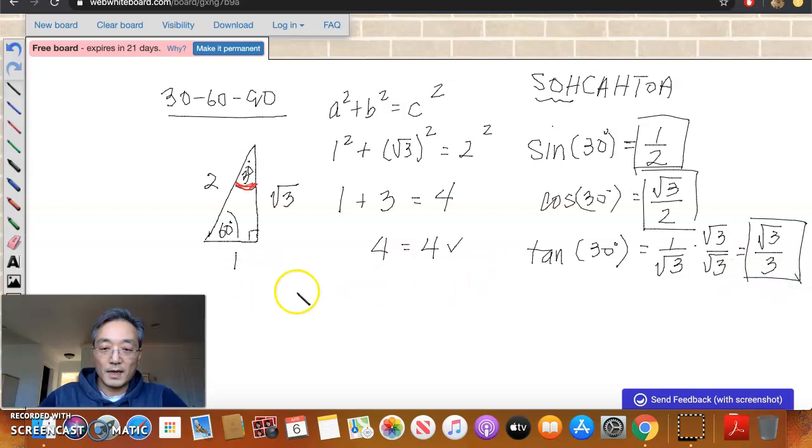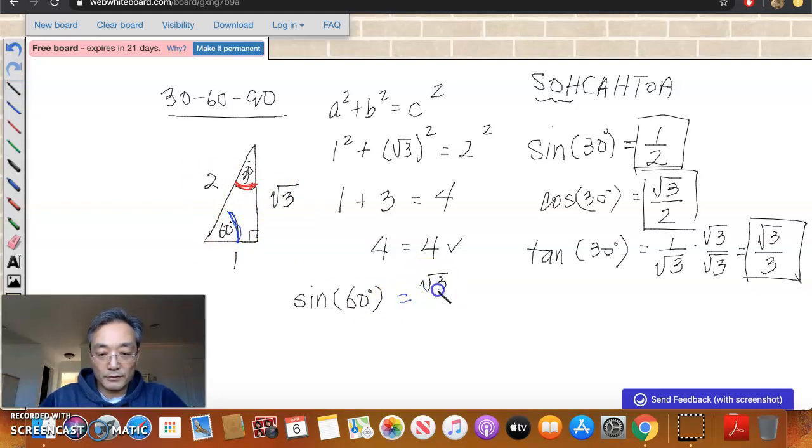And let's do the same thing now for the 60 degrees. So sine of 60 degrees. Now we're working from this angle, right? We're working from the 60-degree angle right there. So from the 60, sine is again SOH CAH TOA, right? So sine of 60 is radical 3, the opposite side, over the hypotenuse.